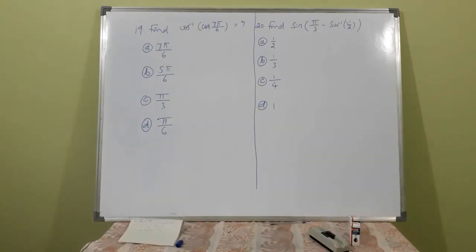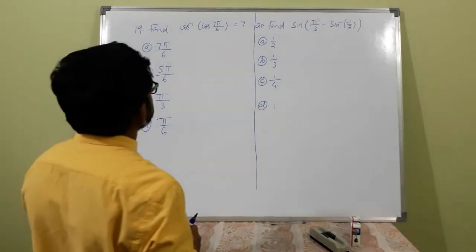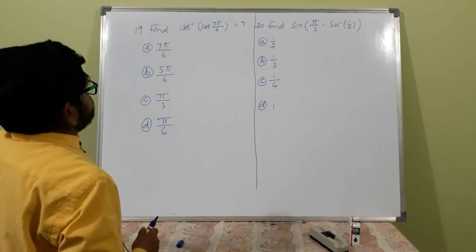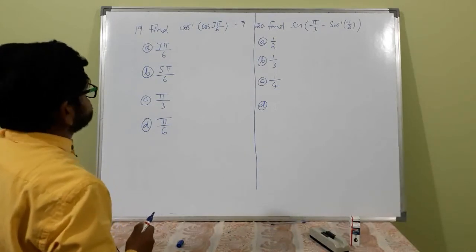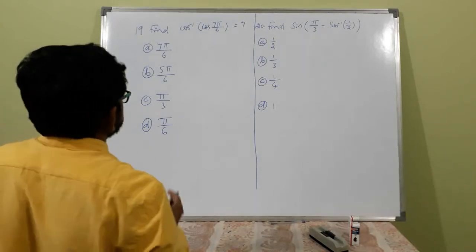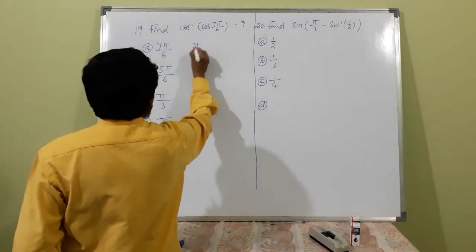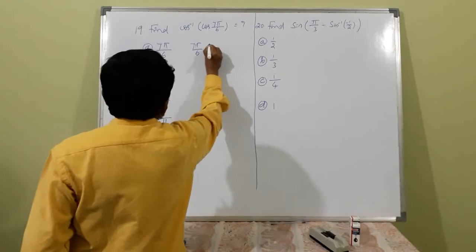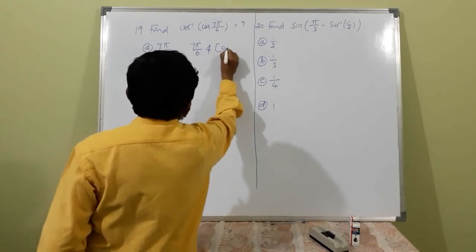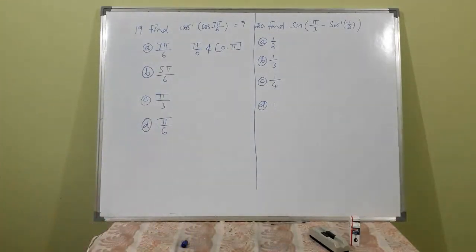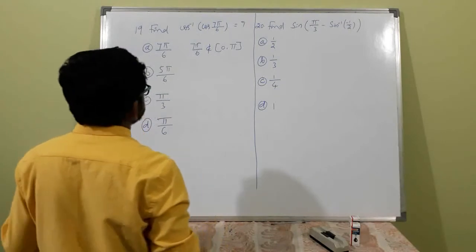Okay, last two examples. Cos inverse of cos 75 by 6. See, 75 by 6 does not belong to 0 to 5, the principal value bound for cos inverse.